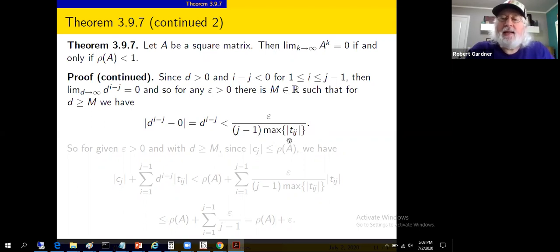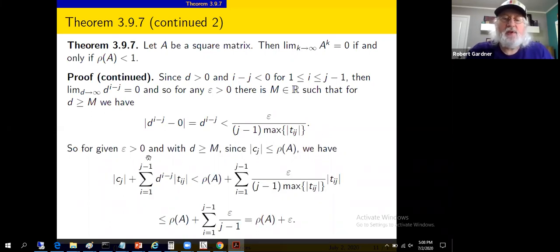All right, and the t sub ij's, those were the entries in matrix T. So pick the one of maximum absolute value. We're dealing with real numbers on those, and use that in the denominator here. So the fact that the limit equals 0 says I can make that quantity as small as I want. I want to make it that small. j was fixed somewhere upstairs when we were talking about the jth column sum.